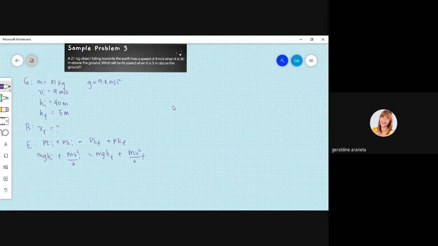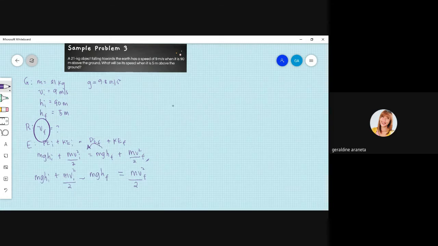So ang hinahanap natin is the VF. So yung VF is nandito sa side na to. So lipat natin yung MGH dun sa kabila. That will be MGHI plus MVI squared over 2 minus, so transpose natin, MGHF equals MVF squared over 2.